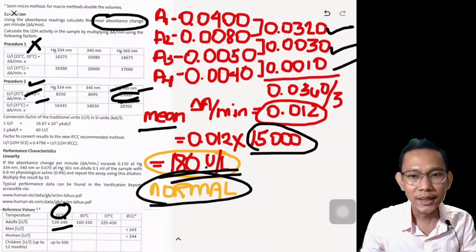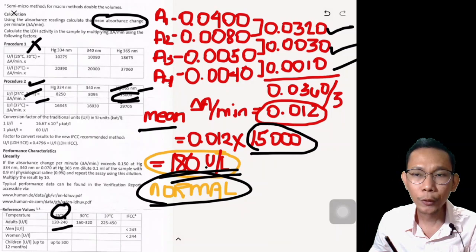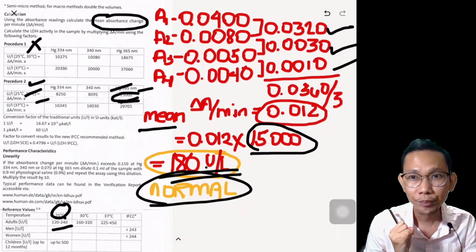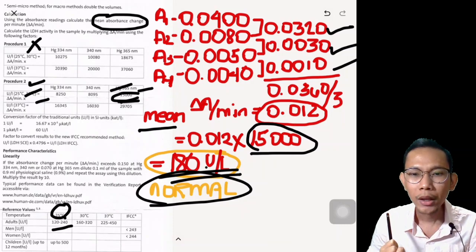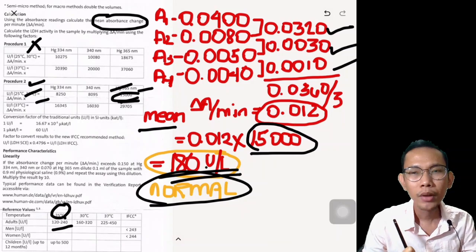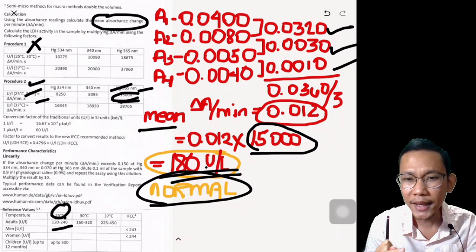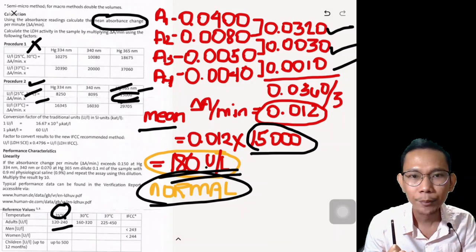So I guess that ends our discussion for our exam. Expect, of course, we will have a case series type of question, but this time I'll make sure na it's gonna be answerable. You will be able to answer it. Secondly, correlation with the different tests, most specifically your CK, LDH, AST, or TROP-I.